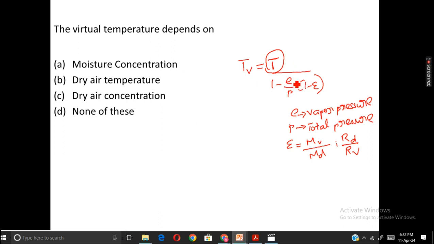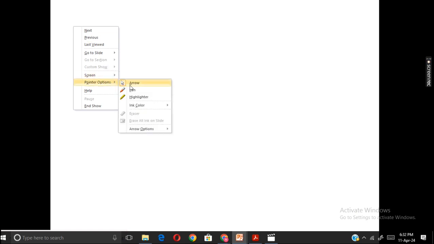Here we have a quantity known as the vapor pressure in our equation. Let's try to substitute vapor pressure in terms of what is known as the mixing ratio of the parcel.